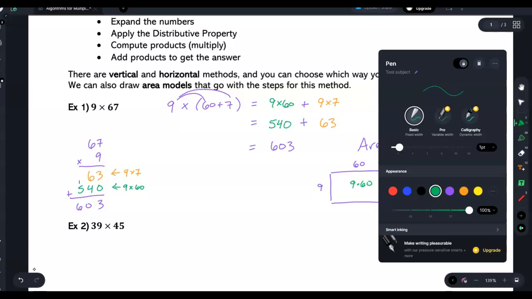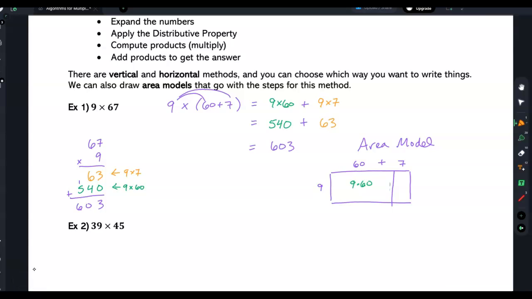And then I could also find the area of the other rectangle. And so this one, its length and width would be 9 and 7. My color coding helps here. It wouldn't necessarily be something you'd have to do, but it certainly helps so you can see the 63 and the 540 where they're coming from with the area model.